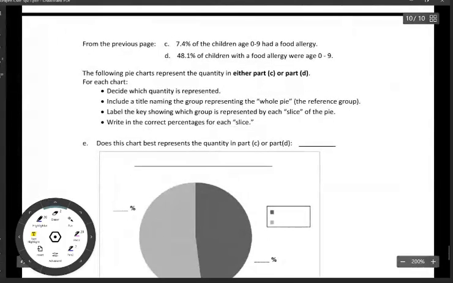I made some typos. Let's change those. Okay, in part C, we found that it was 8.4% of the children in that younger age group had a food allergy. And we found that it was 51.9% of children with a food allergy were in the younger age group. Okay, so we're going to try to connect this information to a pie chart.